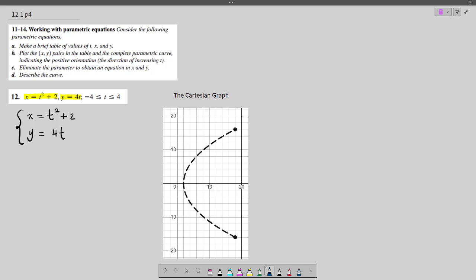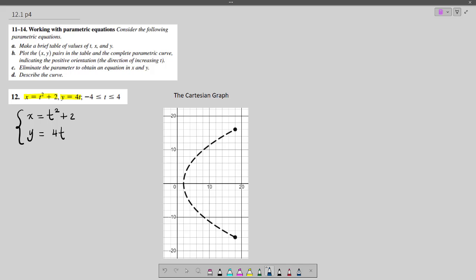Now, when you solved systems of equations back in algebra, hopefully you figured out that if we're going to use substitution, that makes the most sense here. We want to solve for the equation that has the least number of solutions. This equation, if we solved it for t, we'd get a plus or minus the square root of x minus 2.